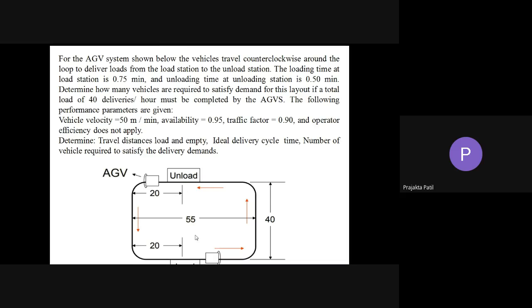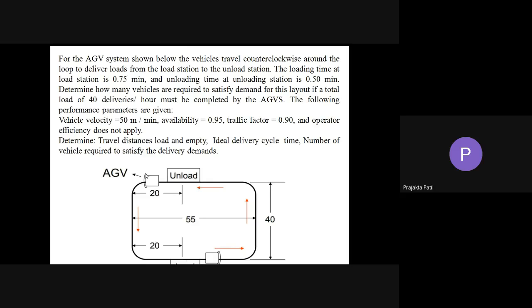Here you can see this is the loading station, this is the unloading station, right? And this AGV that you see will be moving in the counterclockwise direction. Suppose you consider this is one AGV, it will get loaded here and start moving by the pathway that has been defined, reach the unload station, unload it, and again move back to the load station for its next delivery, right?